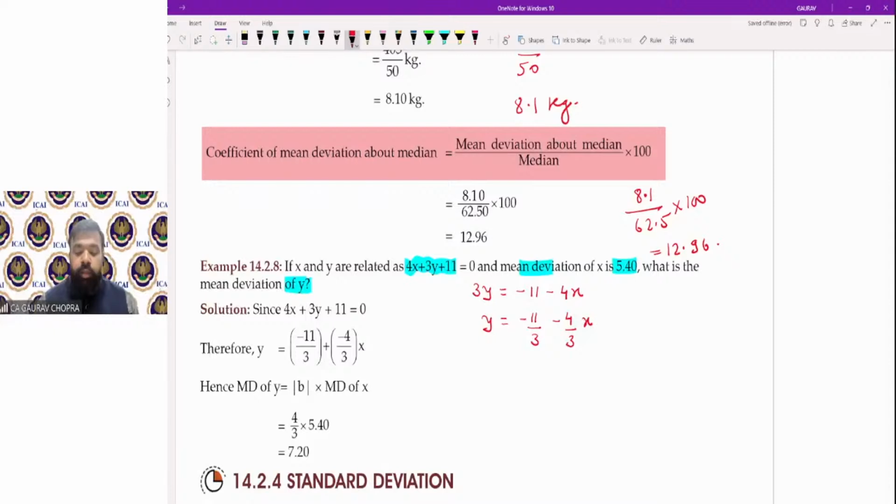Now, mean deviation of y is equal to mod of b multiplied by mean deviation of x, which is 5.4. Now, cancel this and get your answer. So 7.20 is your mean deviation.